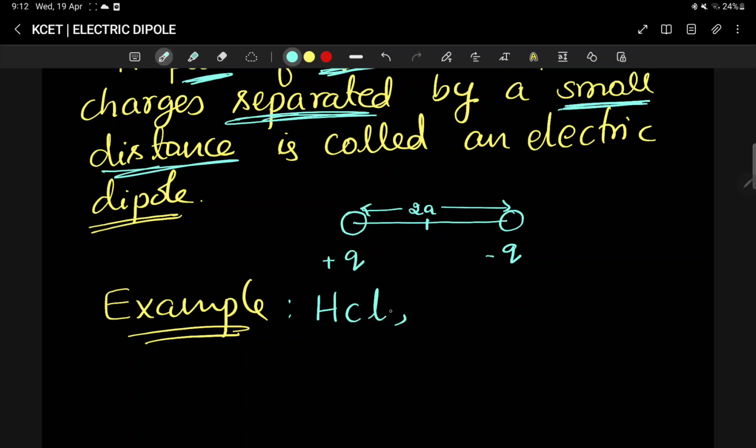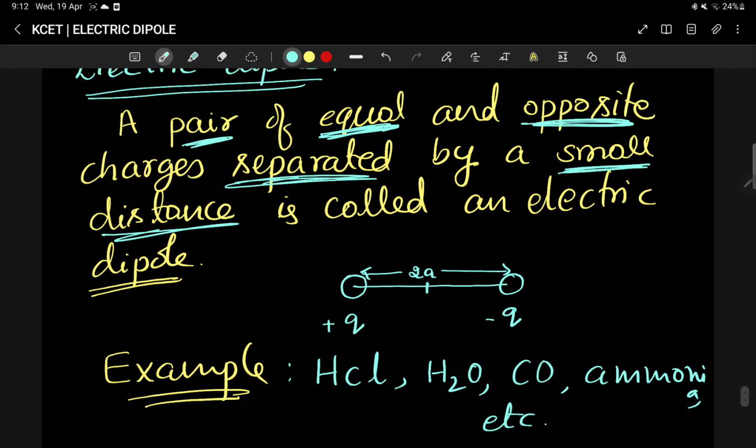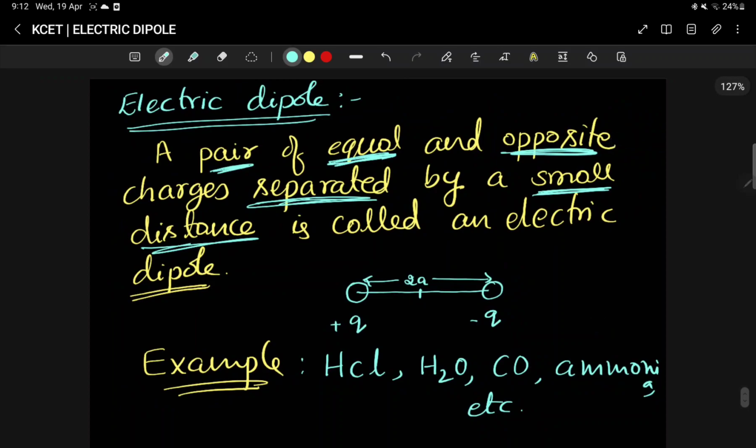Or you can consider water molecule H2O, carbon monoxide, or ammonia NH3. Different elements are considered as an electric dipole. This is very important for a board examination. They directly ask you to define electric dipole.